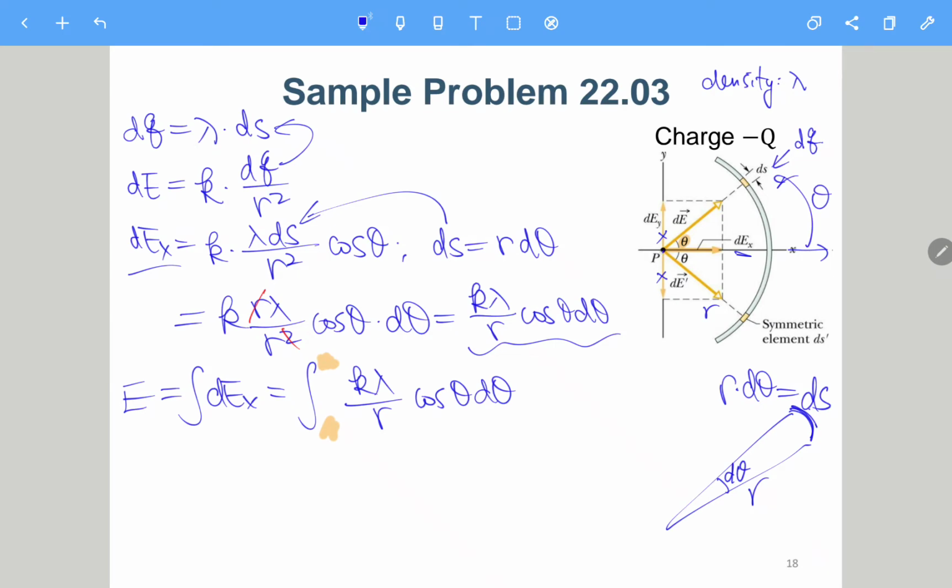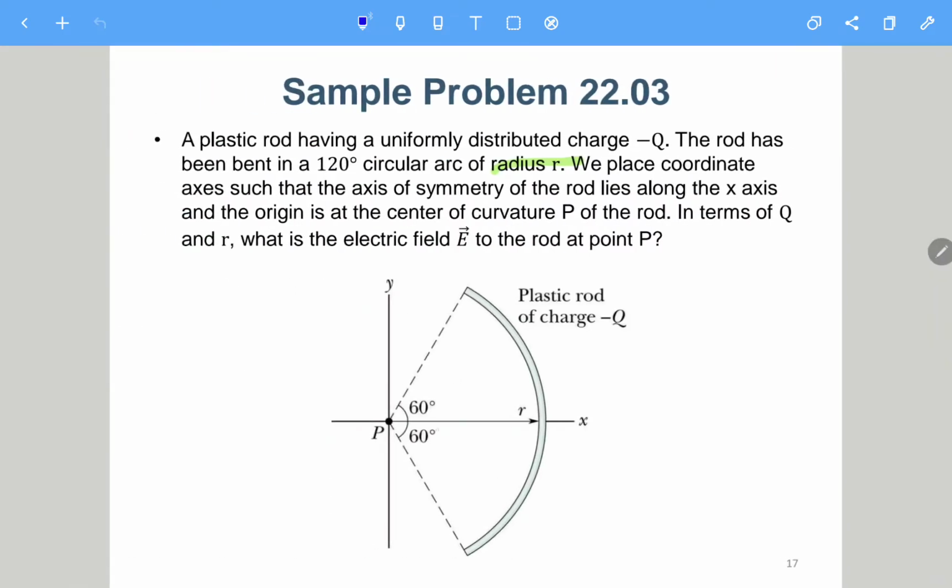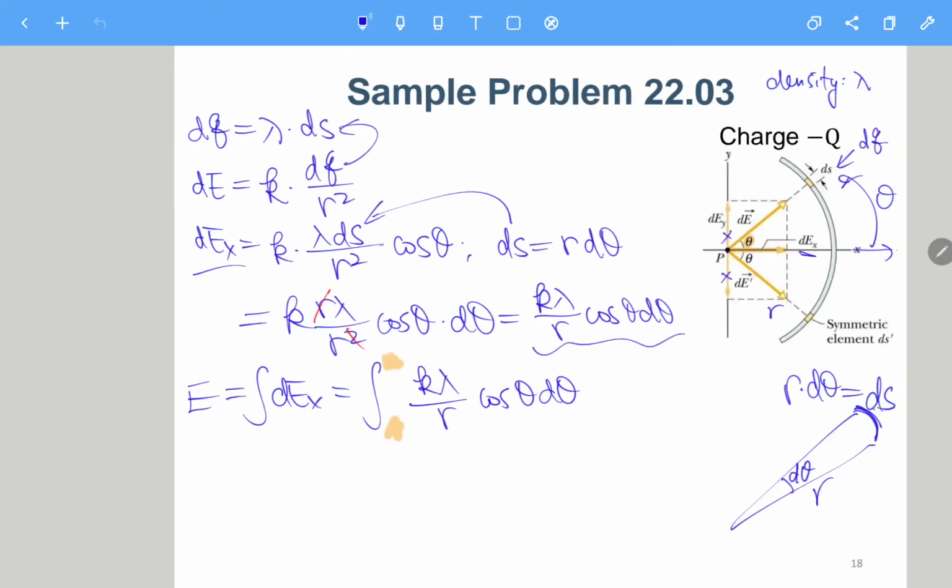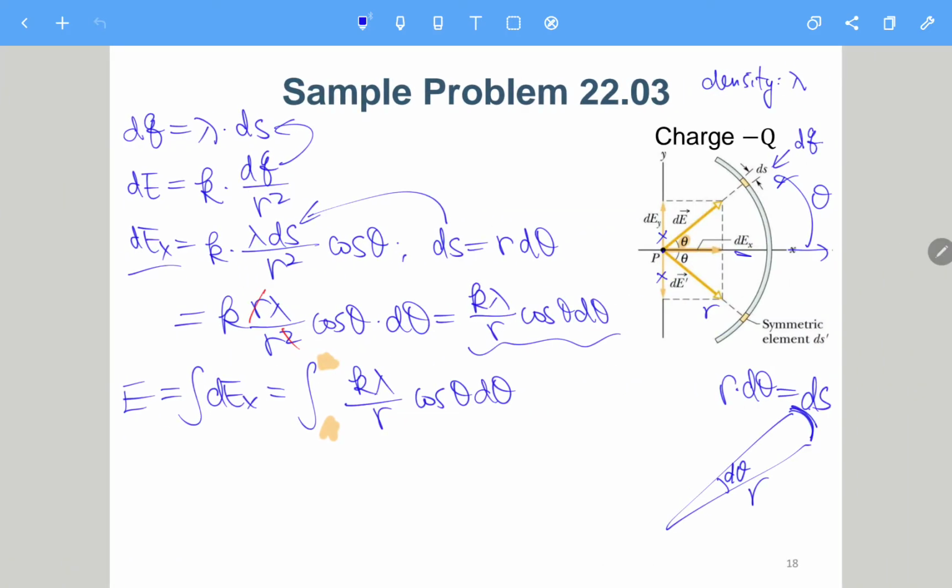So it starts from negative 60 degrees to 60 degrees, or in radians it should be negative pi over 3 to pi over 3. In calculus we usually use radians rather than degrees. So we put pi over 3 here and negative pi over 3 for the lower bound.